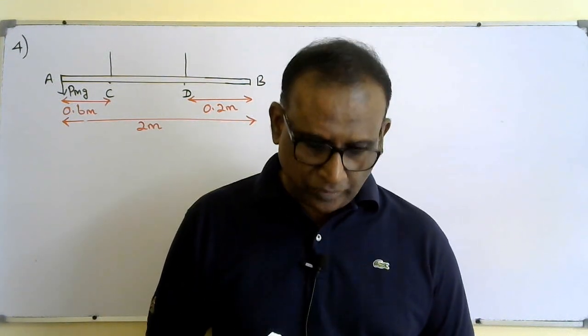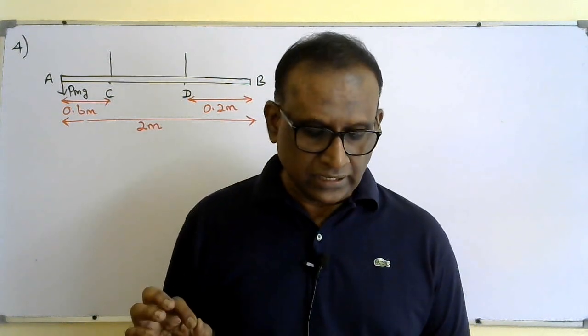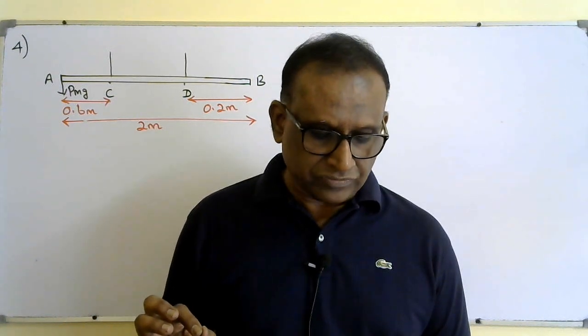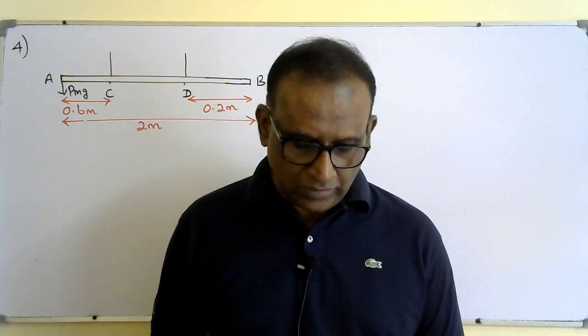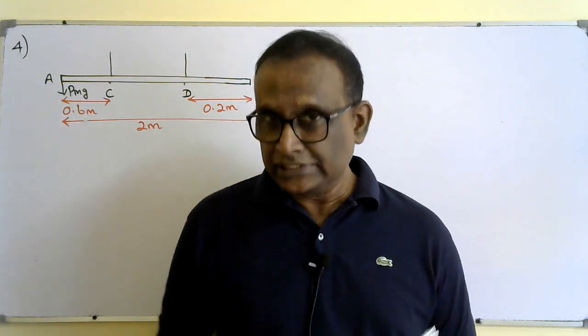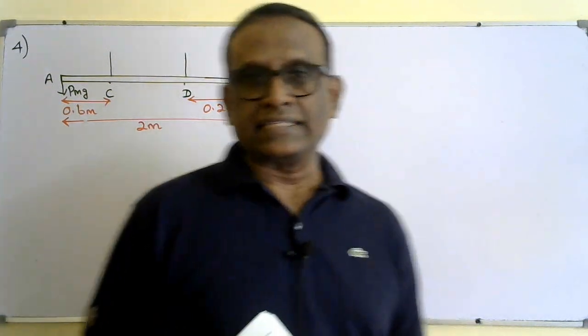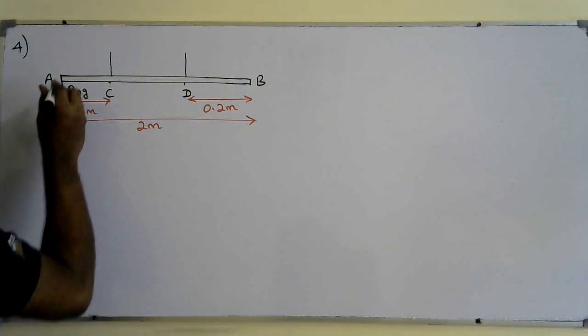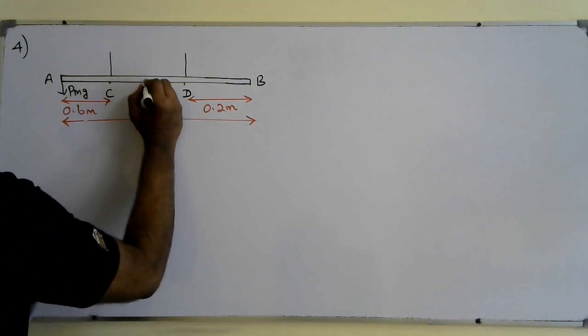The meaning of uniform rod is that the mass of the rod is given as m kilogram, so the weight of the rod, mg, will act exactly at the center of the rod. That means from A it will act at 1 meter.